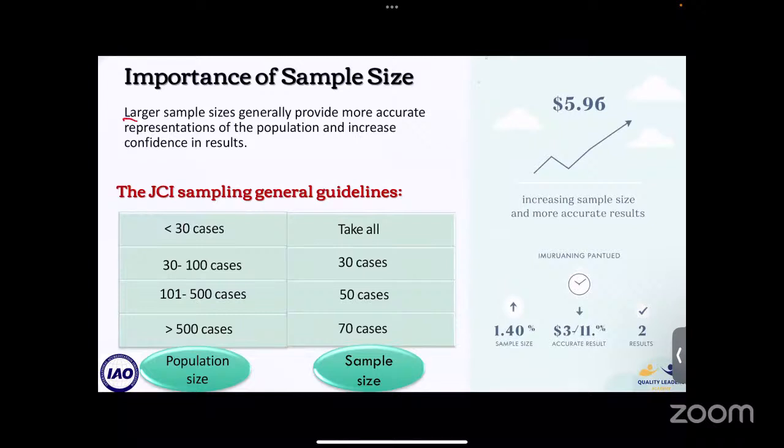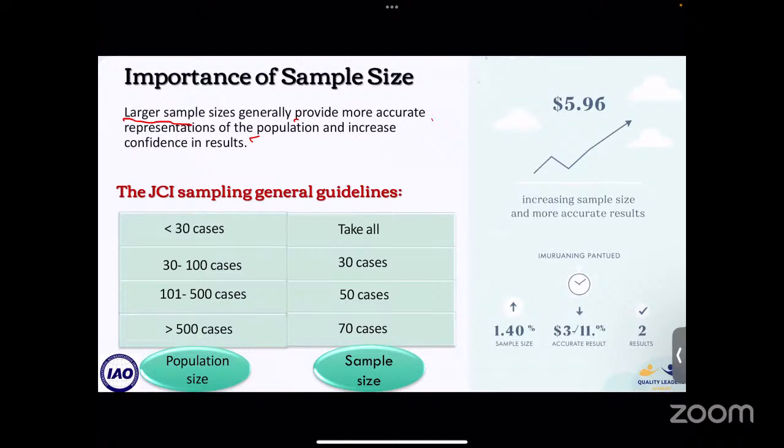Larger sample sizes generally provide more accurate representations of the population and increase the confidence in results. Large, of course, because a large sample size provides a more accurate representation of the overall population, thus increasing the confidence in the results.